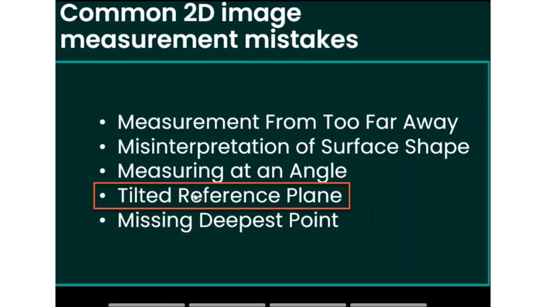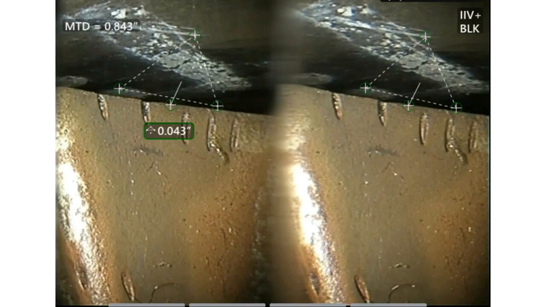So I also want to start with an example of where 2D mistakes are made when you're looking at a standard stereo 2D measurement. And that's when the reference plane that you're measuring from or to is actually tilted with reference to the surface. In this case, we're looking at a standard stereo measurement that I pulled up from the file manager. And in this case, they're measuring a power turbine blade, and they're measuring from the tip of that blade down to the shroud.